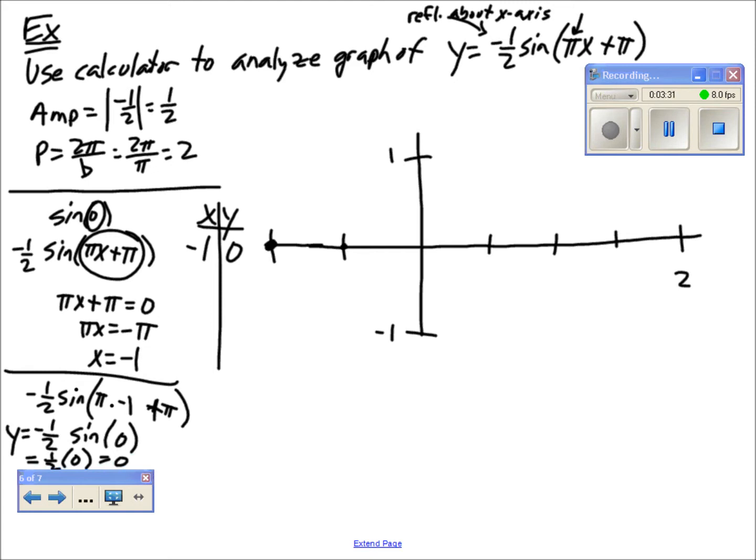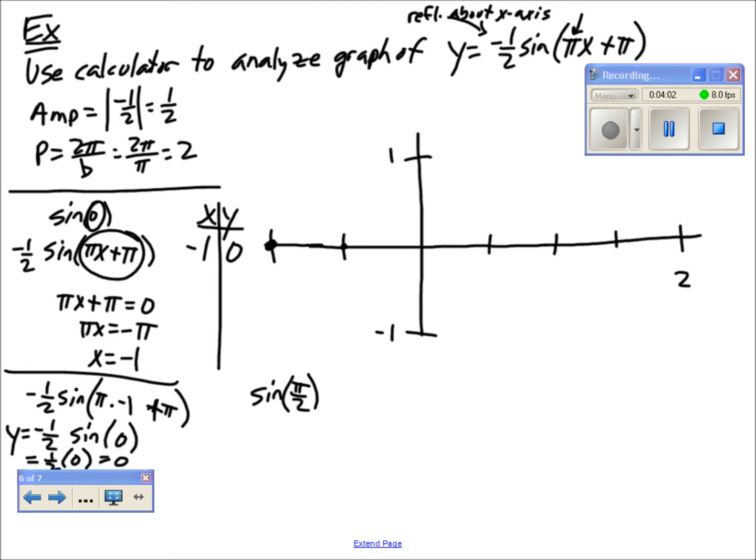Okay, so let's go to another key point on the sine graph. A lot of the time we'd get pi halves. We get a maximum value as sine of pi halves, it would spit out 1, a max value for us.